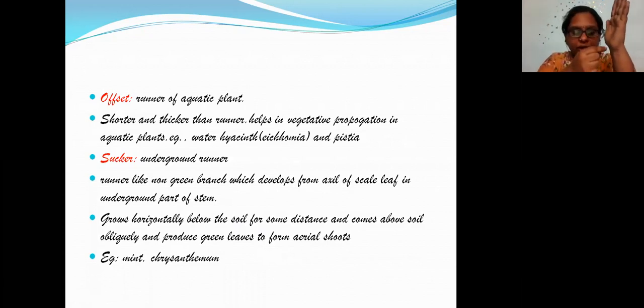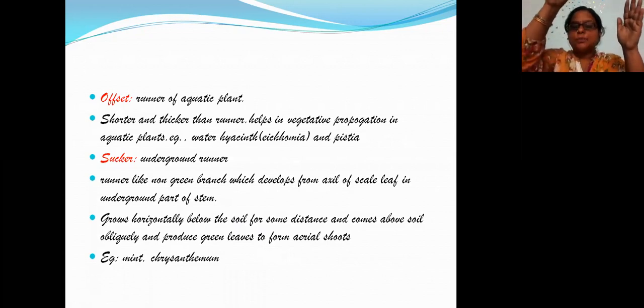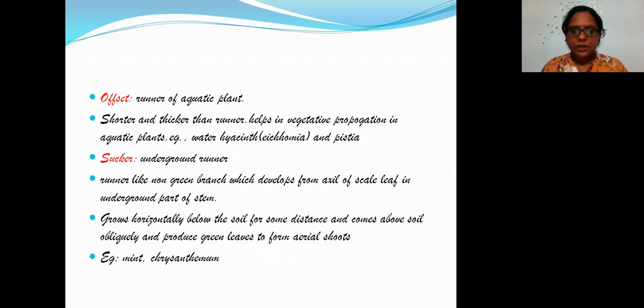So it will grow for some time down the ground itself, then it shoots up to the top. Did you understand? So it grows horizontally below the soil for some distance and then comes above the soil obliquely. Obliquely means not vertically, it comes in a slanting way.